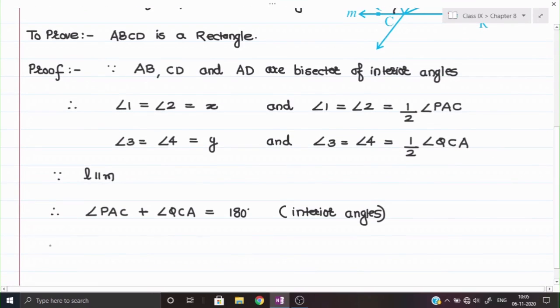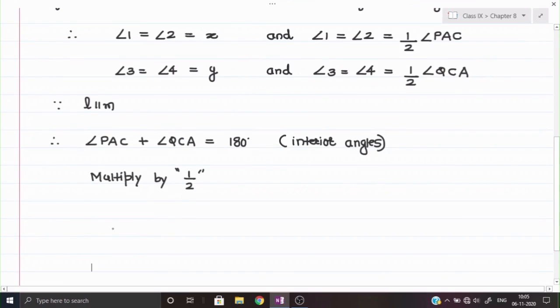But if I multiply by 1 by 2 on both the sides, it would be half of angle PAC plus half of angle QCA is equal to 1 upon 2 into 180 degree, because we have to multiply everywhere. Here 2 and 180 can cancel, so this will be 90 degree.